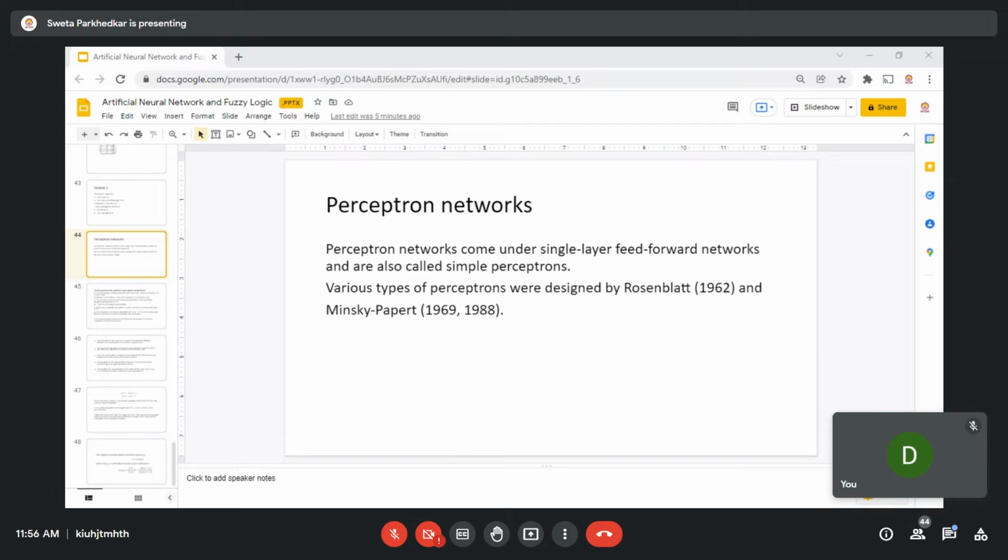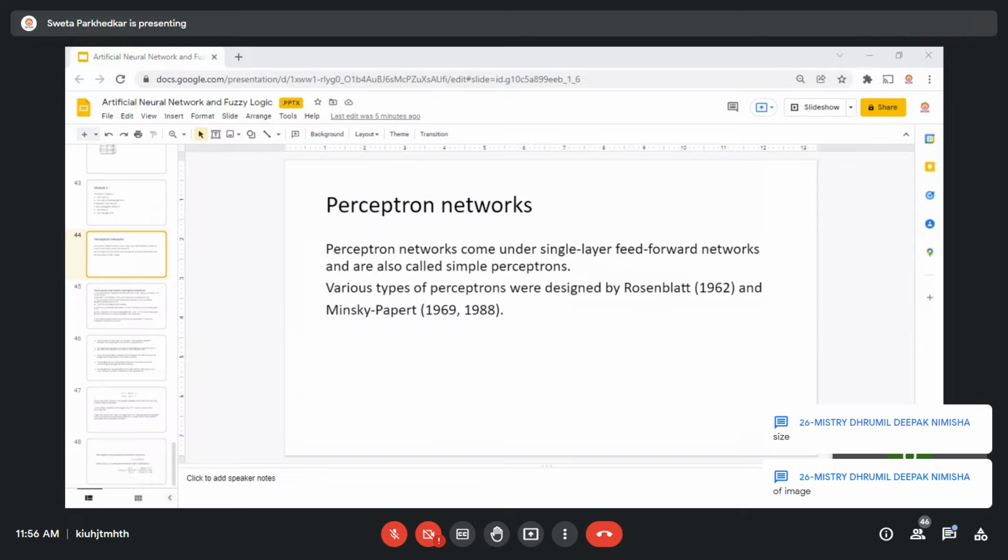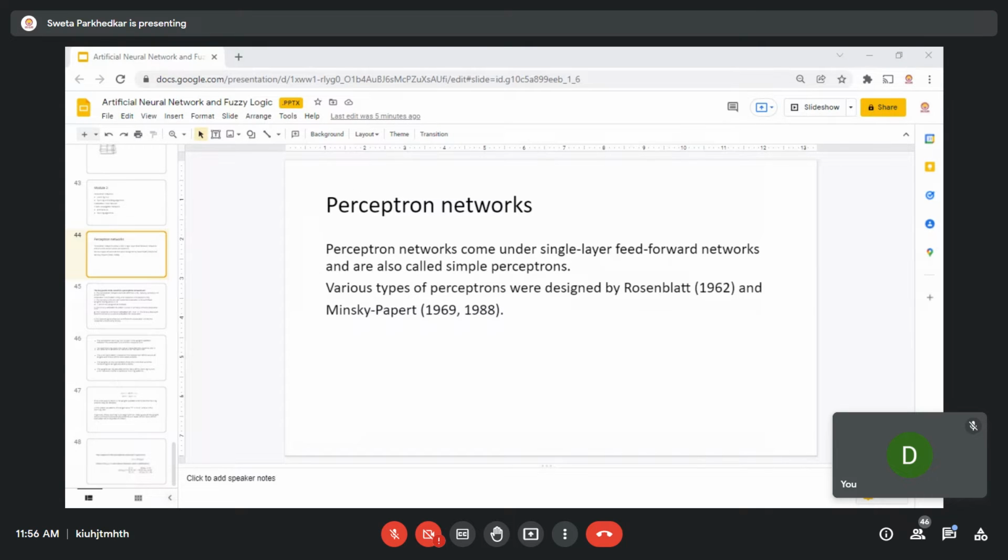So I have told you about a speech recognition model, but in case of an image recognition model, which features will you extract? Tell me any basic feature in image recognition. If I feed an image: size of image, color? No, size is not a feature. Suppose I feed an image, it can be of any size, so size is not a feature, but what I want is a basic feature of the image.